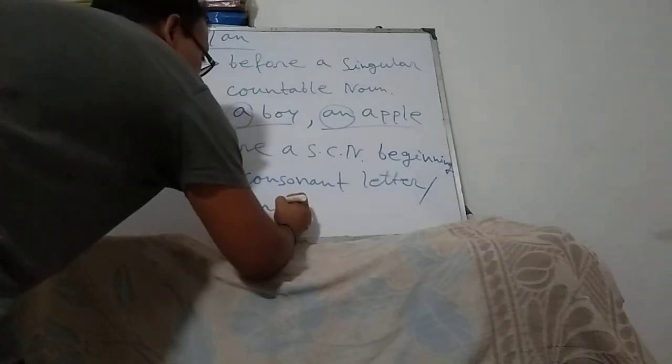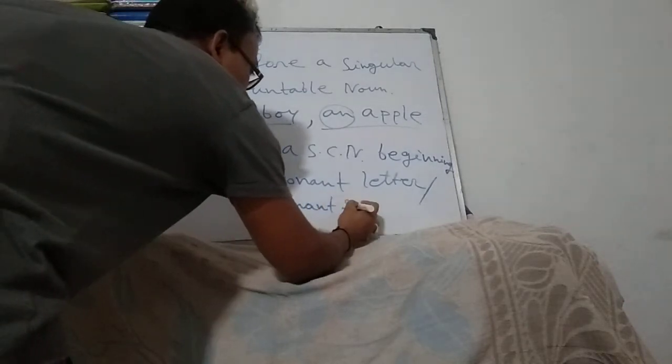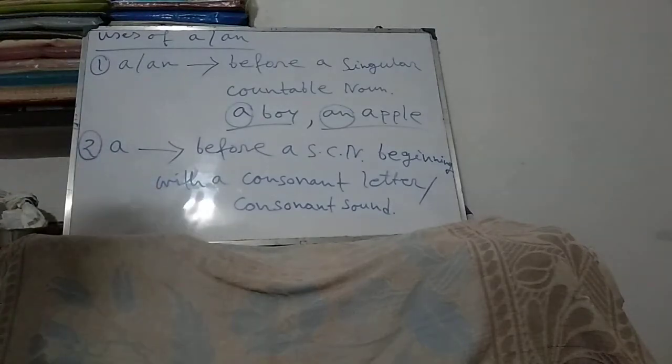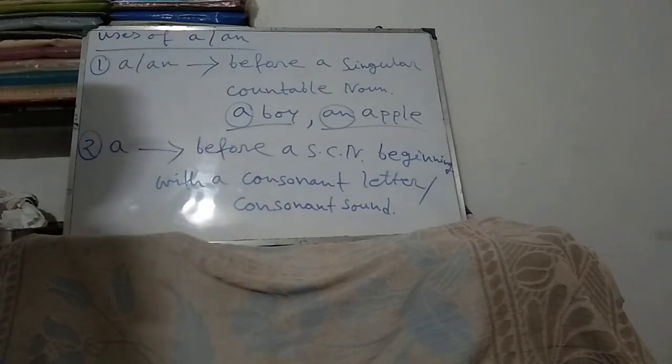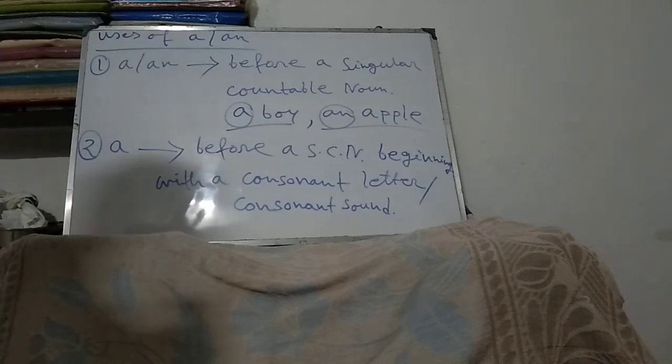That is the most important. A is generally used before a singular countable noun that begins with a consonant letter or that begins with a consonant sound.